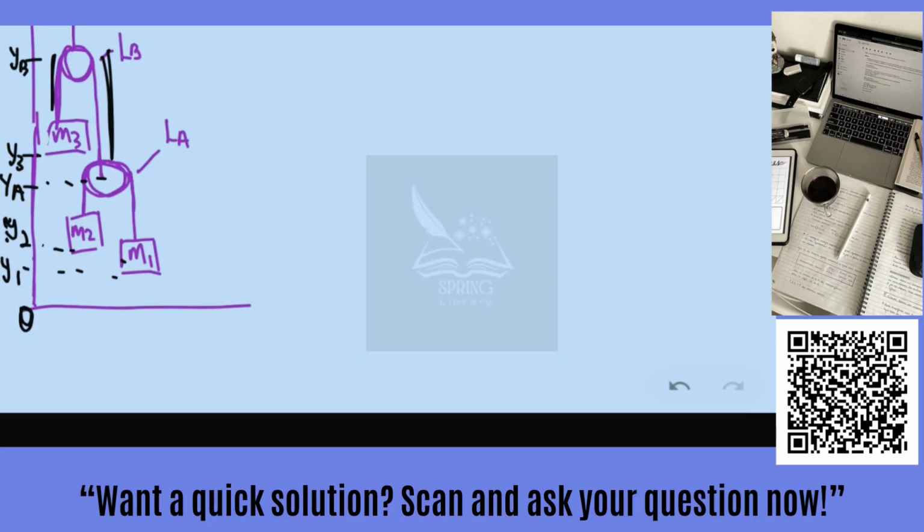So now we're going to write down some equations that are going to relate the lengths LB and LA. So LB is equal to YB minus Y3, which is the left hand side of the rope, plus the right hand side of the rope, so that will be plus YB minus YA.